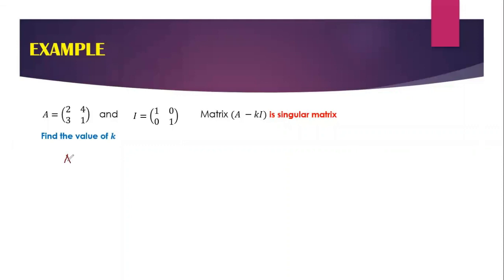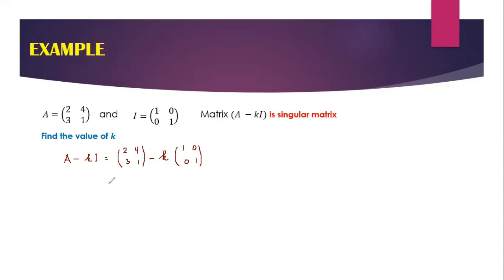A minus K identity matrix equals the matrix 2, 4, 3, 1 minus k times the matrix 1, 0, 0, 1.